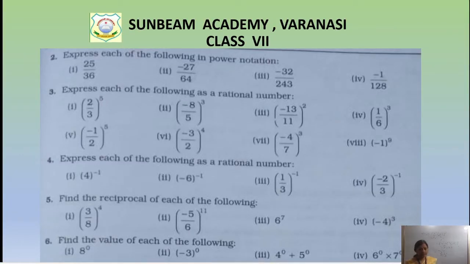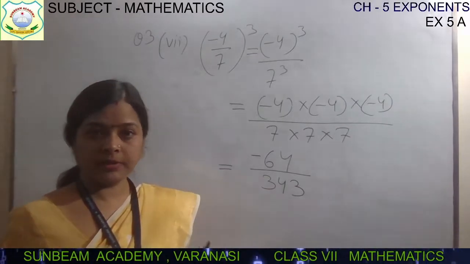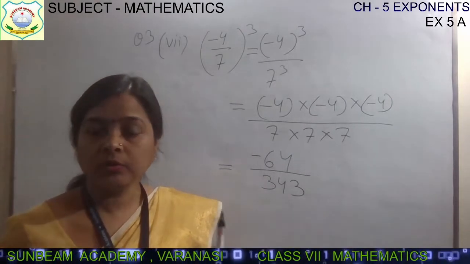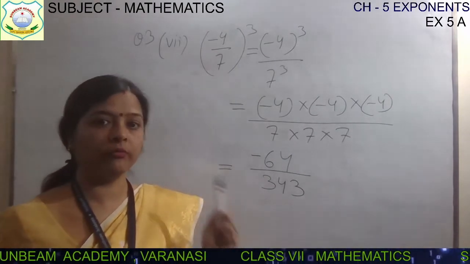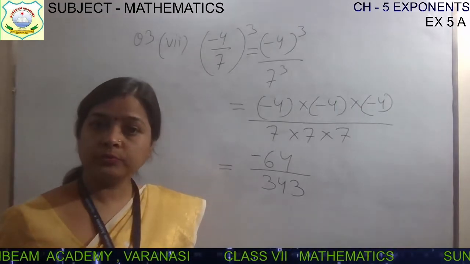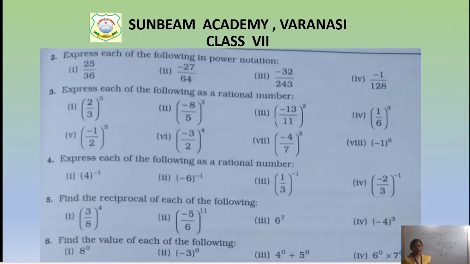Next one is not there. Now question number 4. All even number questions are for your homework. You will do it in your homework notebook. Now we will move to question number 4. Question number 4 is express each of the following as a rational number. Okay, we have to express it as a rational number.